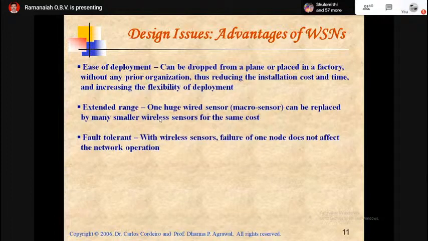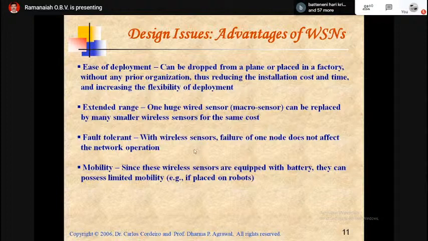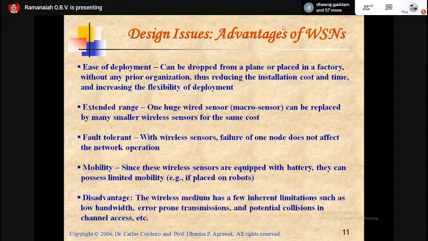Then fault tolerant, right? Because you have the redundancy of nodes, you can implement the concepts of fault tolerance. Failure of one node does not affect that. You can say tolerance to fails. Mobility. Usually they have very little mobility, right? And disadvantage is the wireless medium has few inherent limitations such as low bandwidth, error-prone transmissions, and potential collisions in competing or in accessing the channel.